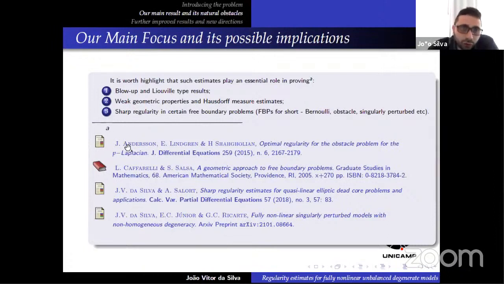Here I quote some examples where sharp regularity estimates play a fundamental role. This article due to Andersson, Lindgren, and Shahgholian, a classical book due to Caffarelli and Salsa, this article joint work with Ariel Salort from Universidad de Buenos Aires, and a recent work joint work with Elson Cesar Jr. and Gleydson Chaves Ricarte.